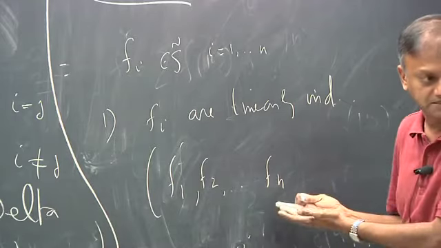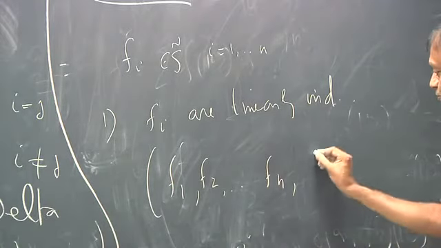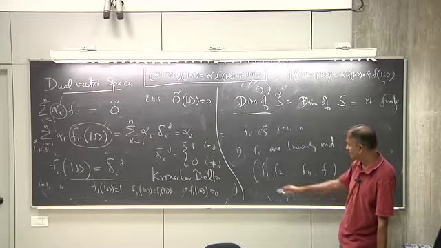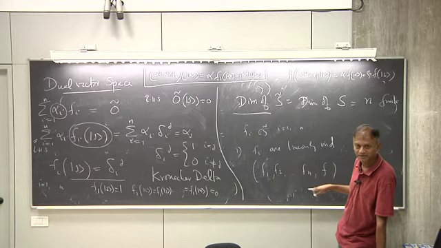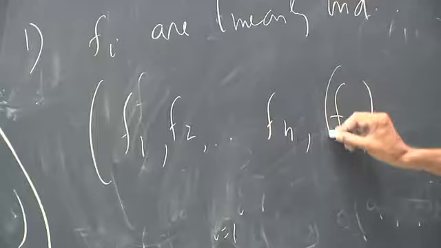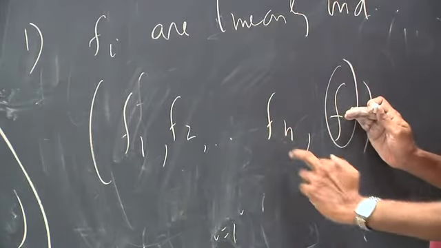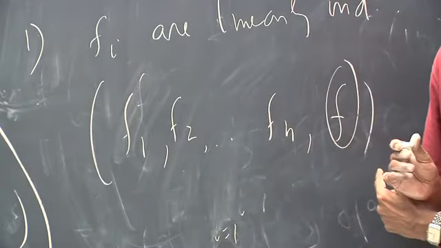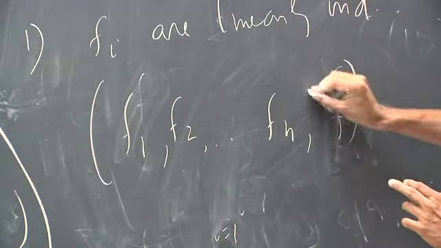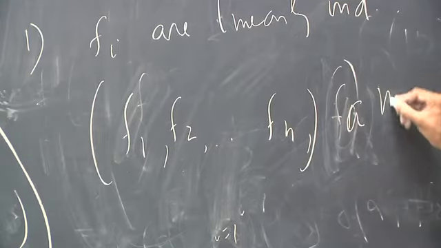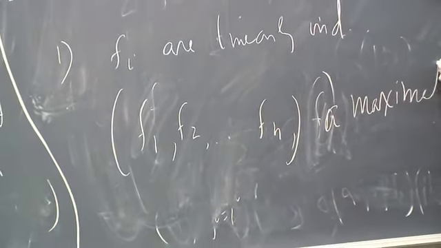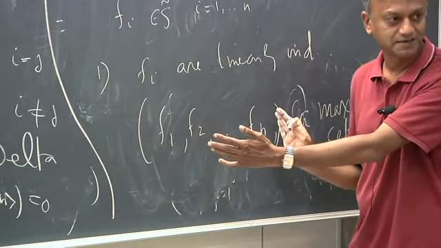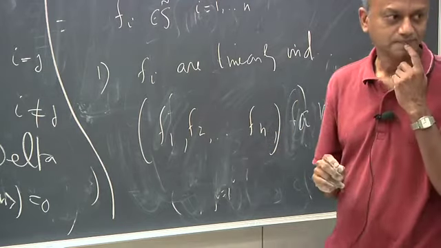But we showed that any f can be expressed as a linear combination of these. So if I put in any other f, this will not be linearly independent anymore. So this is indeed a maximal set. And the dimension is the number of elements in this maximal set, that's n.